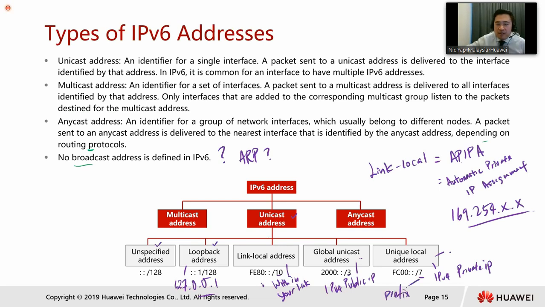It is very similar to how we write 192.168.1.0/24, which is also a prefix. It means the first 24 bits are the network. In the same way here, the first 7 bits are the prefix. That is what these slash numbers mean. Okay, this is the types of IPv6 address. So far, any question up to this point?